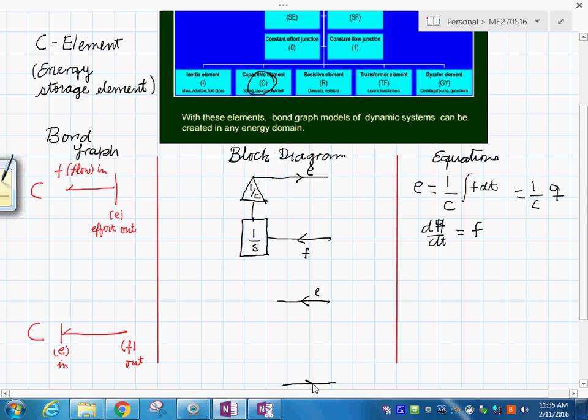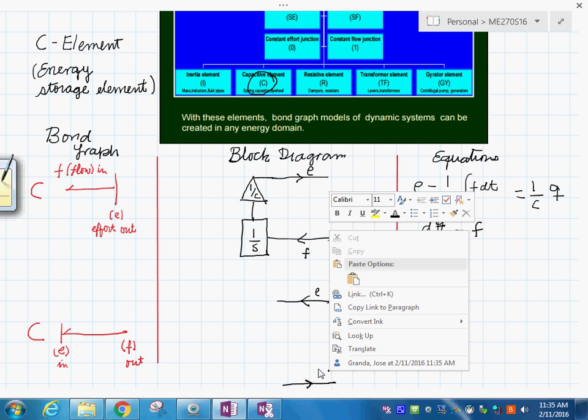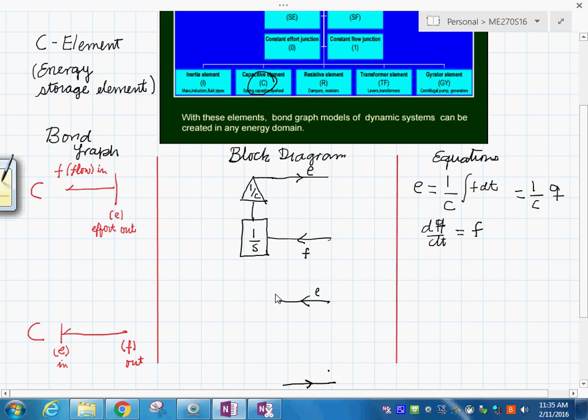For this to write as an output, now F would have to be C times dE dt, right?